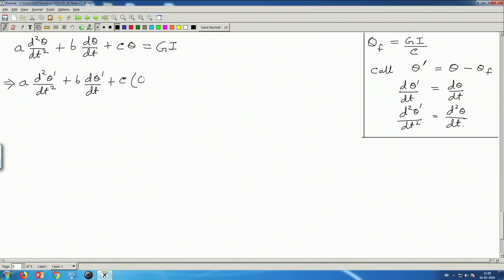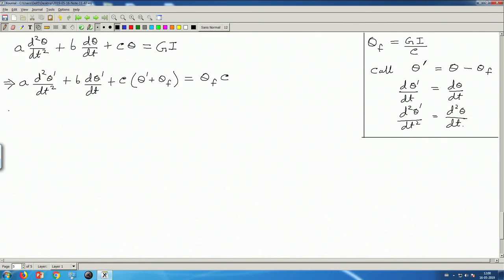So, let us write theta prime plus theta f, and gi, we know gi is equal to theta f times c. So, here we write theta f times c.